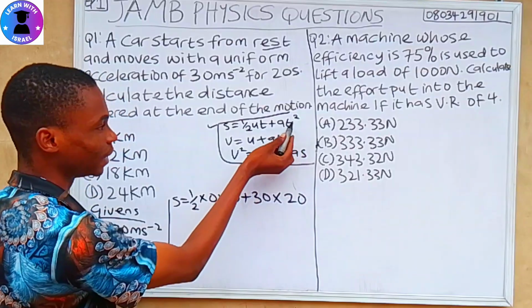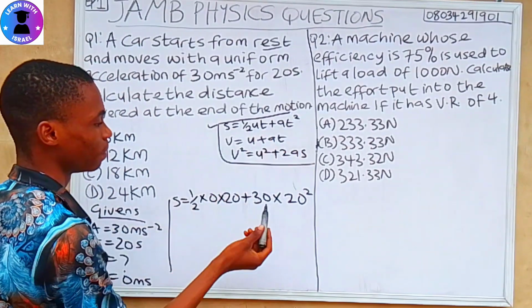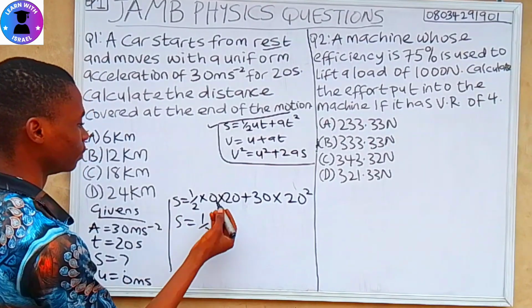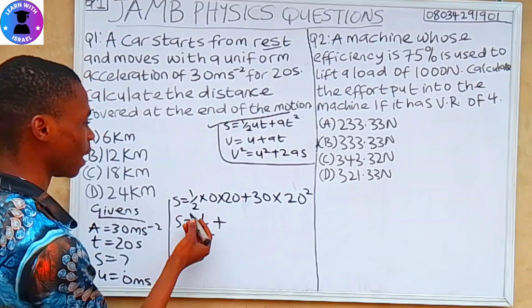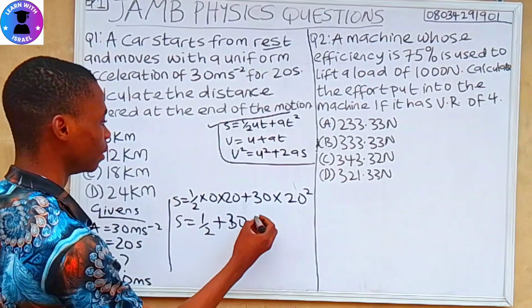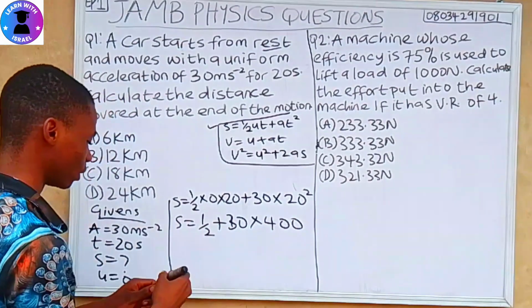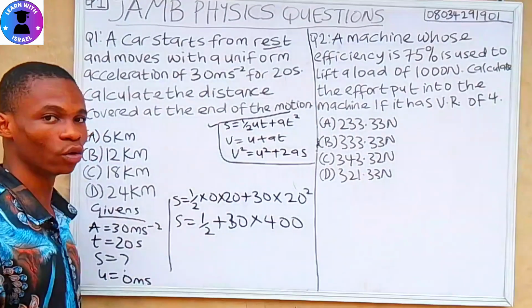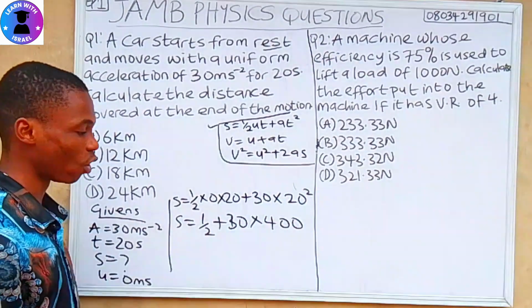Don't forget to add the square, because our time is squared. So 0 multiplied by 20 is 0, so you don't have to input it. Plus half of 30 multiplied by 400. I hope you understand. 0 multiplied by 20 is 0, so there's no need of adding it, and 20 squared is 400.